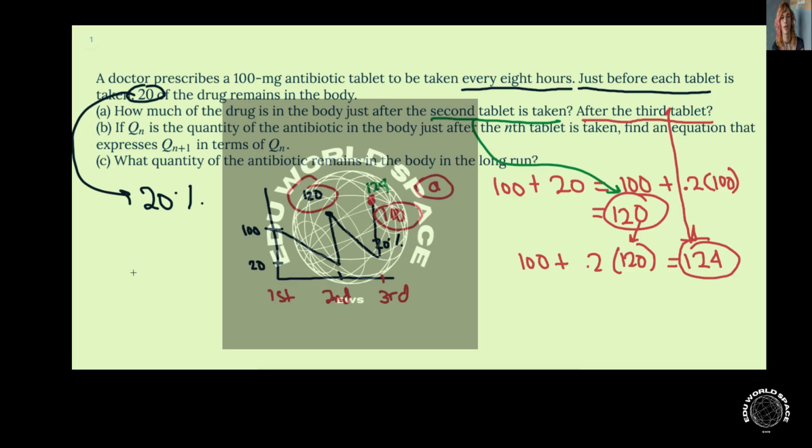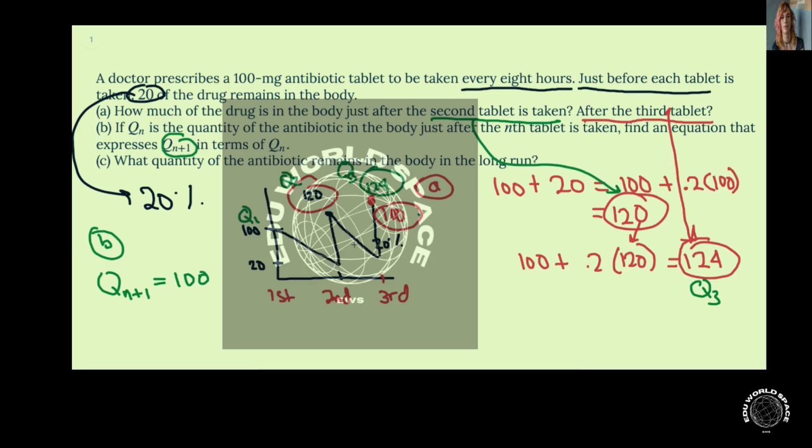So now for part B, they're letting Qn be the amount of antibiotic in the body after the nth tablet. So here we can see this is Q1, Q2, and then the 124 from the previous part is Q3, and so on. Let's find the equation for Qn plus 1 in terms of Qn. We can see how to do this from part A. After you get the dosage of 100, this is where the 100 is coming from.